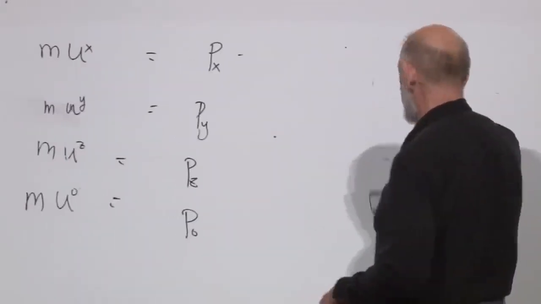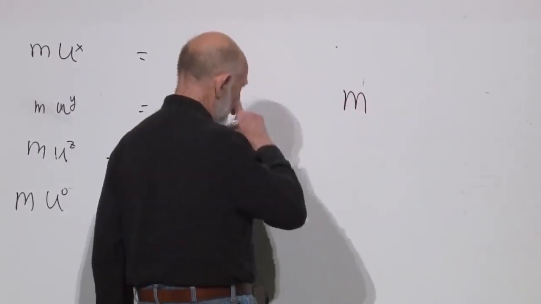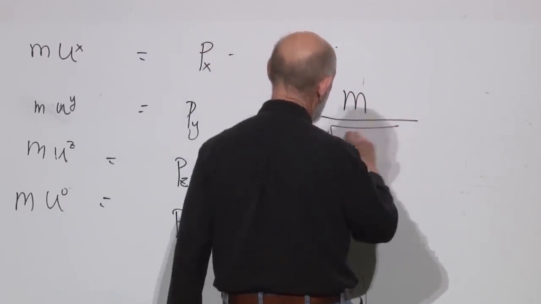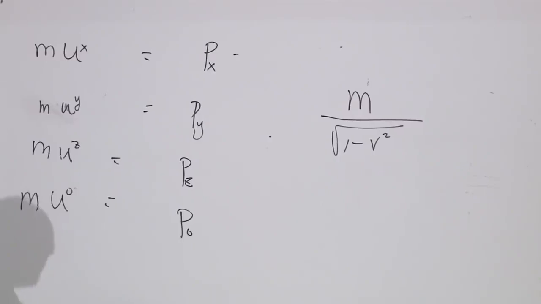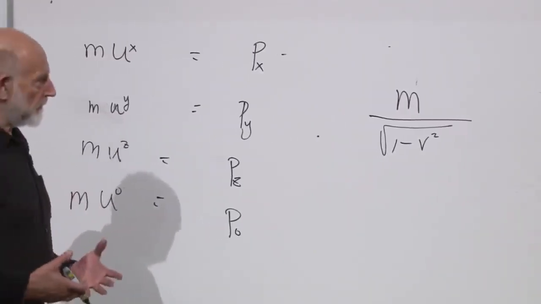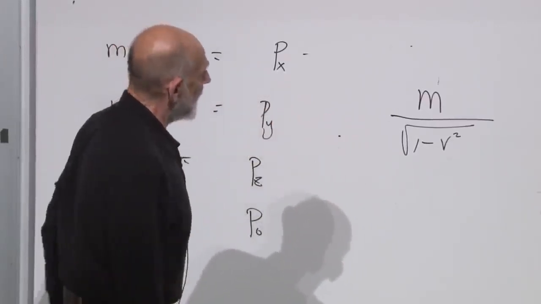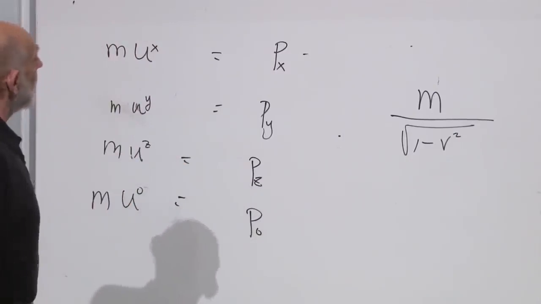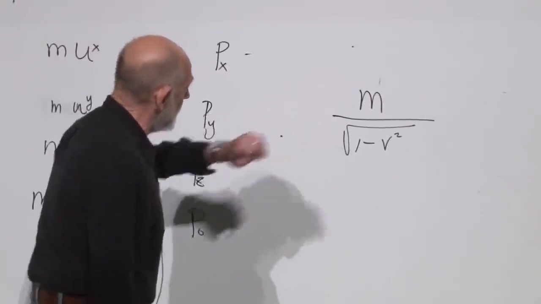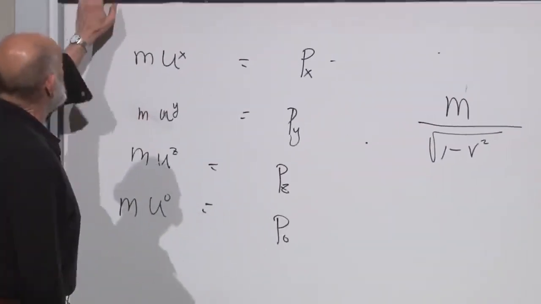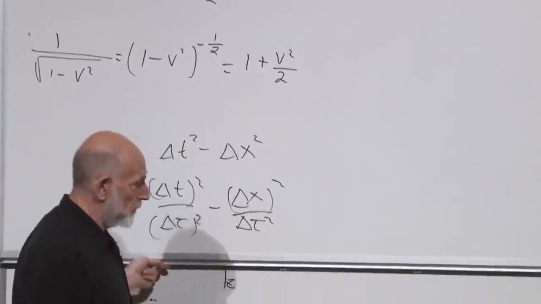Okay, let's look at U naught. That is m over the square root of 1 minus v squared. That's what we're calling the energy of the particle. Now, before we restore units, let's use the binomial theorem to approximate this. Here's the binomial theorem for 1 divided by the square root of 1 minus v squared, and it gives us 1 plus v squared over 2.